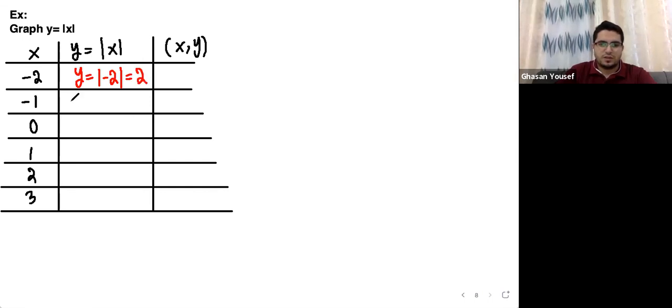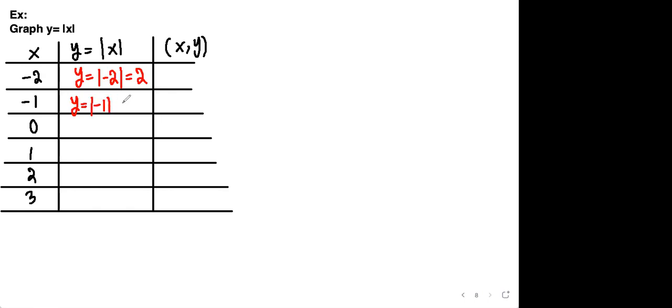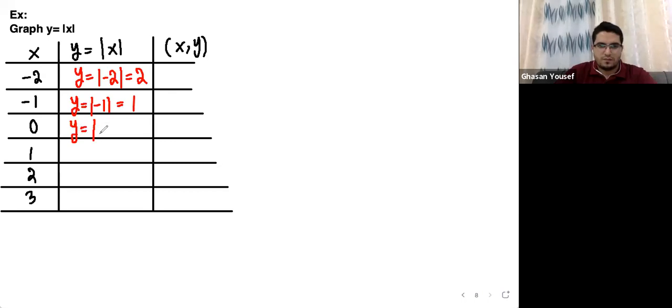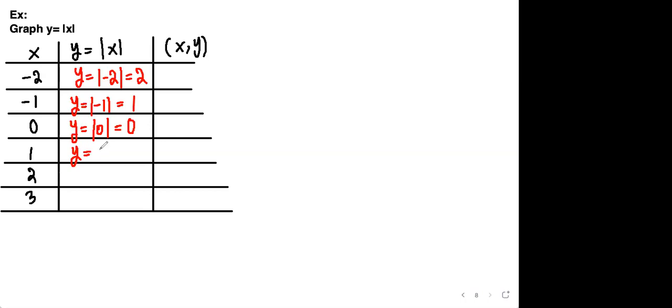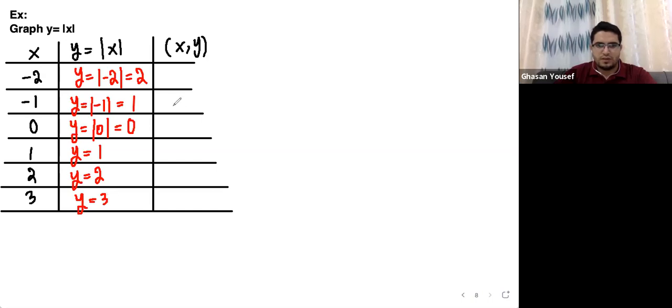What about the -1? It's 1. What about the 0? 0. The 1? 1. And the 2? 2. And the last one, for x equal 3, is 3. So the absolute value for 3 is 3.